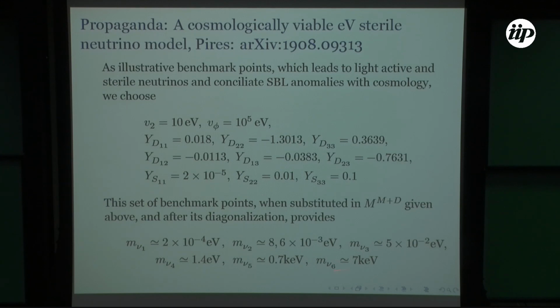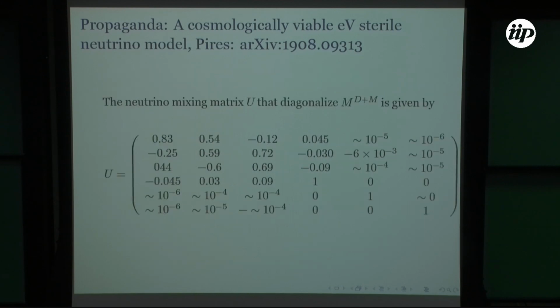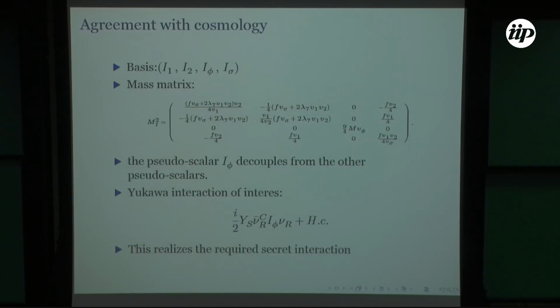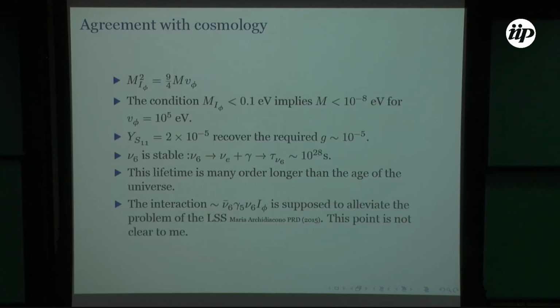This neutrino may be warm dark matter, and this neutrino also interacts with this pseudo-scalar. If you assume that this neutrino is the dark matter of the universe, it interacts through the secret interaction, and this alleviates the problem of large scale structure.